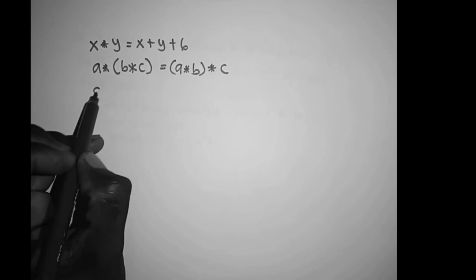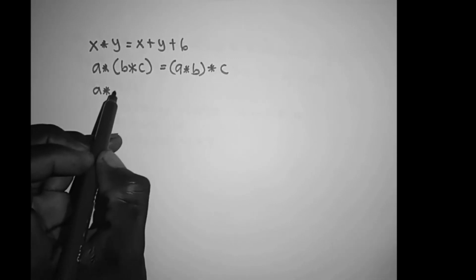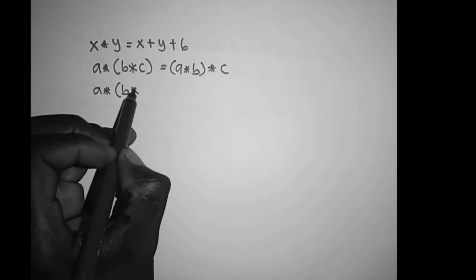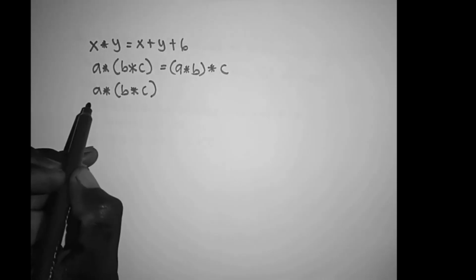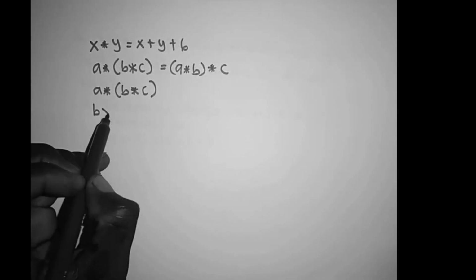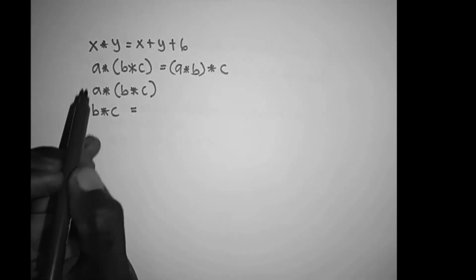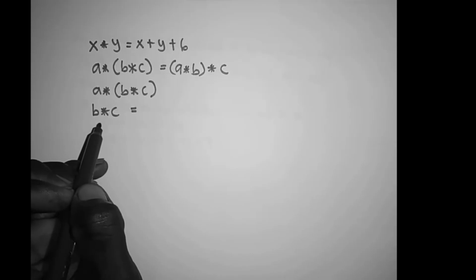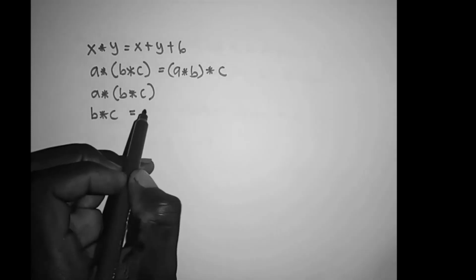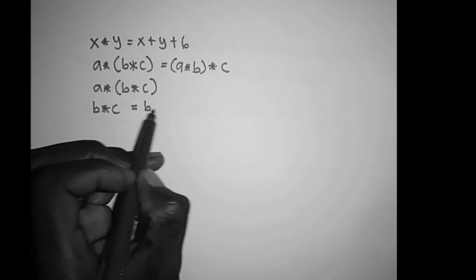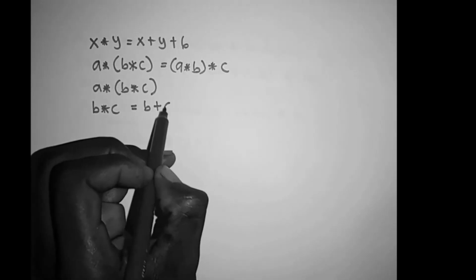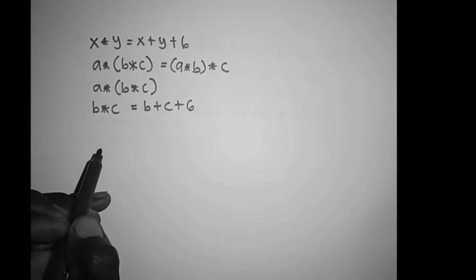What is A operation into bracket B operation C? So we need to first find B operation C. And that is equal to, wherever we see x, we put in B, and wherever we see y, we put in C. This becomes B plus C plus 6.